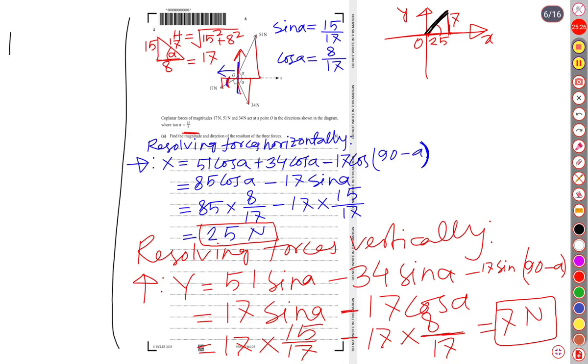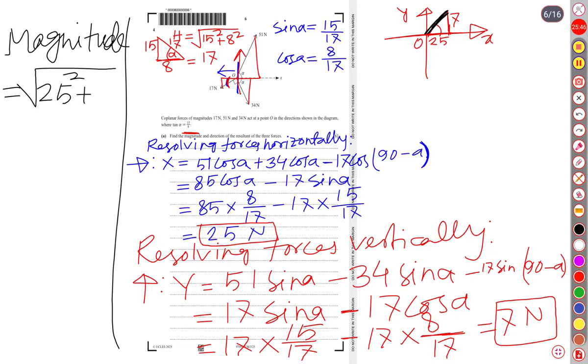Magnitude is equal to the square root of the horizontal length, that is 25 squared, plus 7 squared.